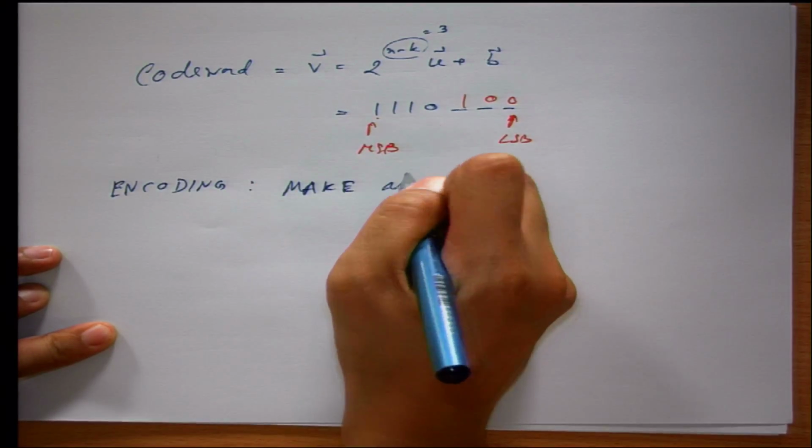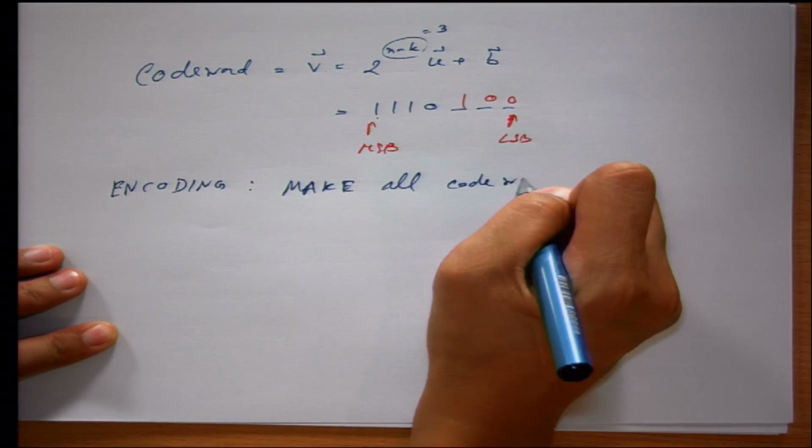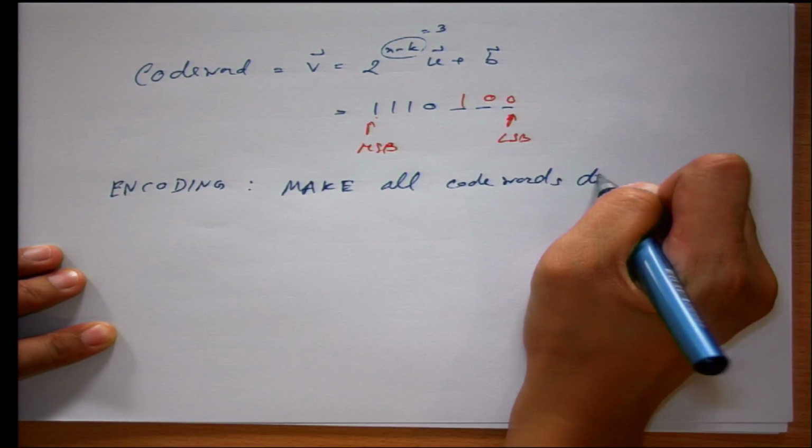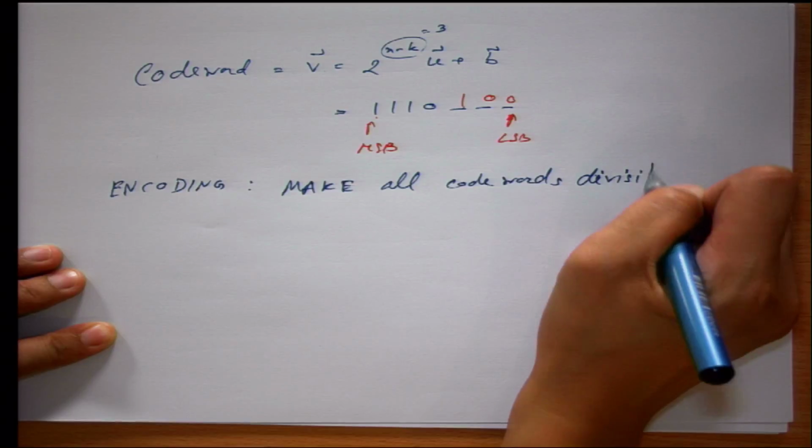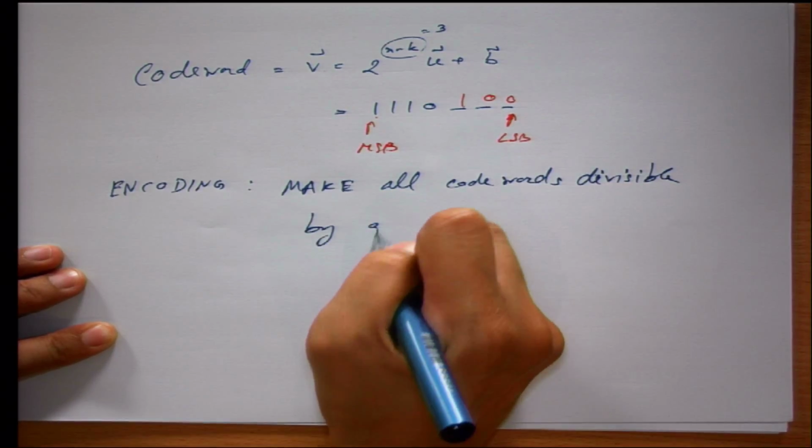Make all code words divisible by G, okay?